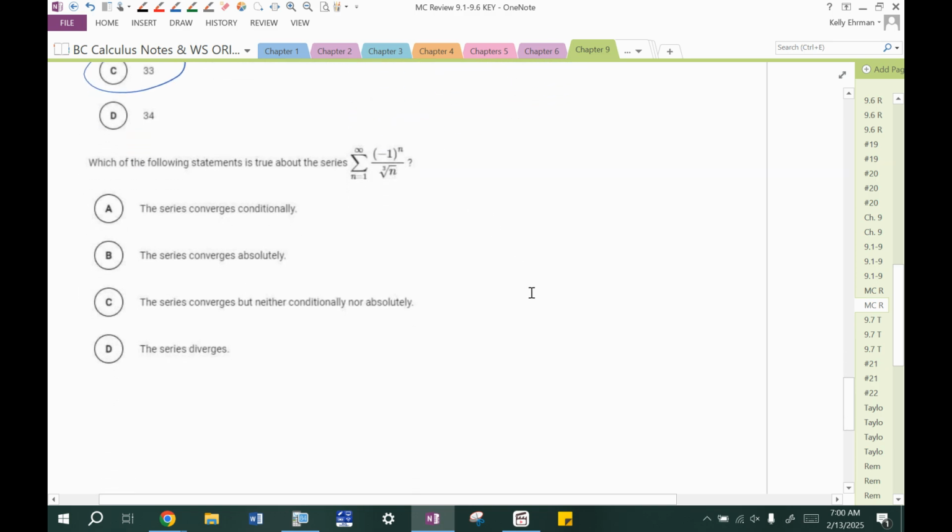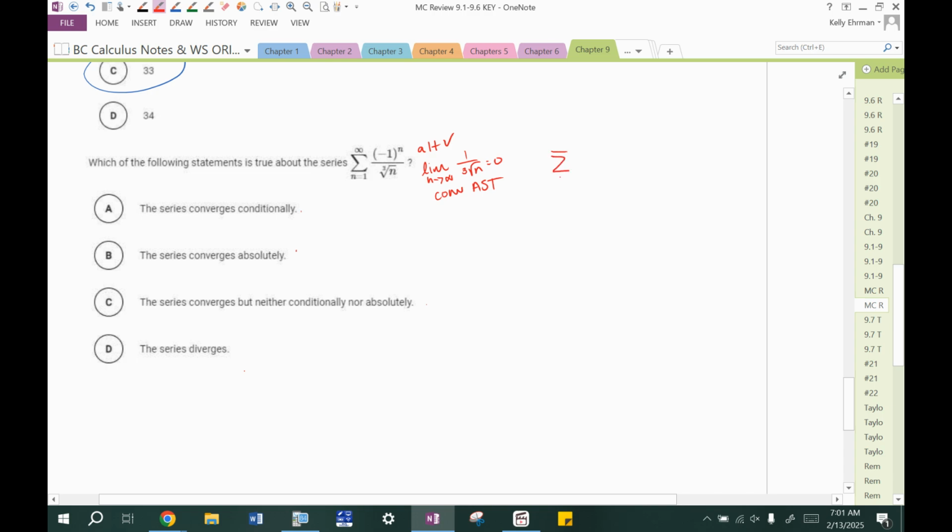All right. Last one. Which of the following statements is true about this series? This series is alternating. Its limit as n approaches infinity of 1 over cube root of n is 0. So it converges by AST. These questions are asking about conditionally or absolutely.